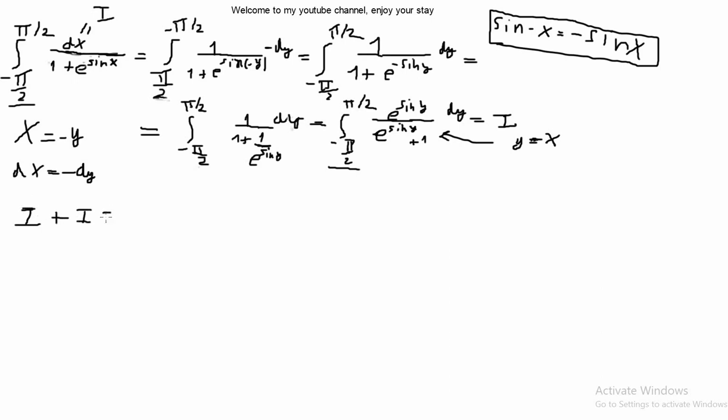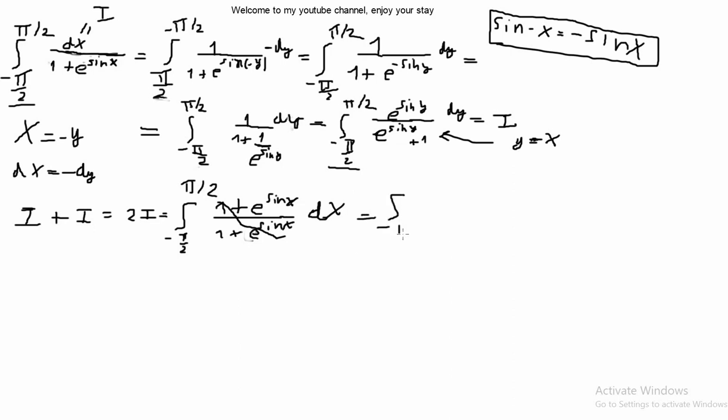I plus I, which equals 2I, equals the integral from minus pi over 2 to pi over 2 of 1 plus e to the sine of x over 1 plus e to the sine of x, dx. This obviously gets cancelled out.